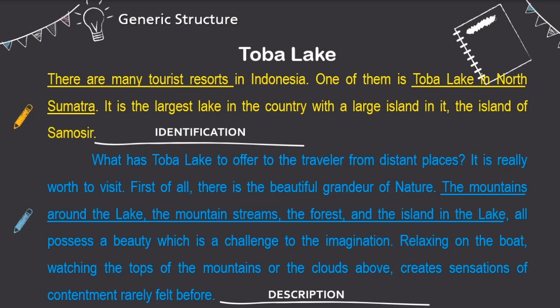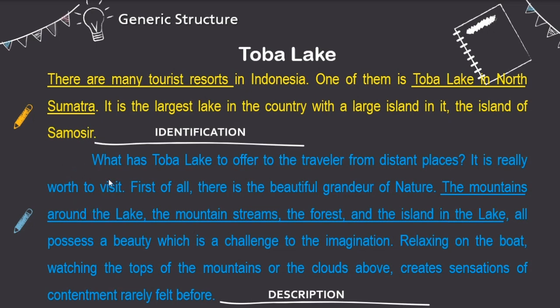Identification explains the general description of the object to be discussed. Here it is explained that there are many tourist resorts in Indonesia and Toba Lake in North Sumatra. These two sentences introduce the place discussed in this text. So identification is at the beginning of the text.